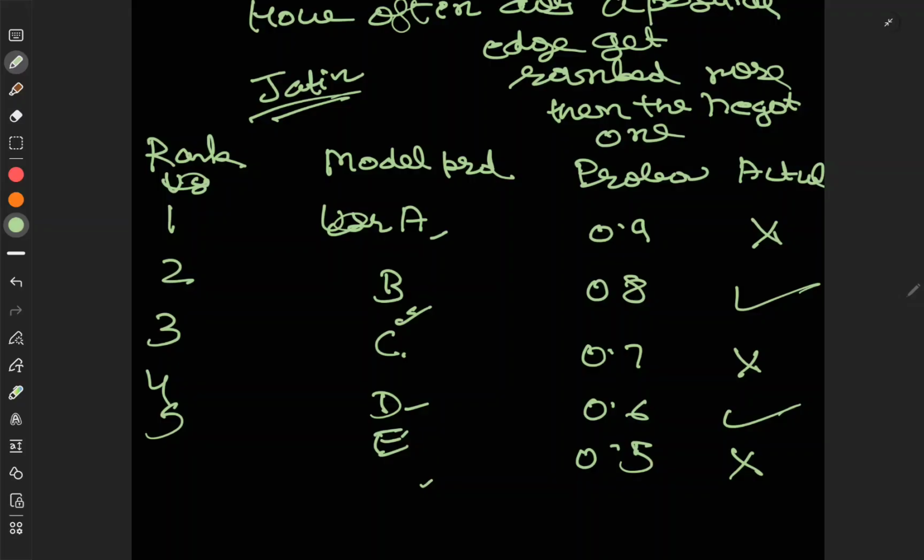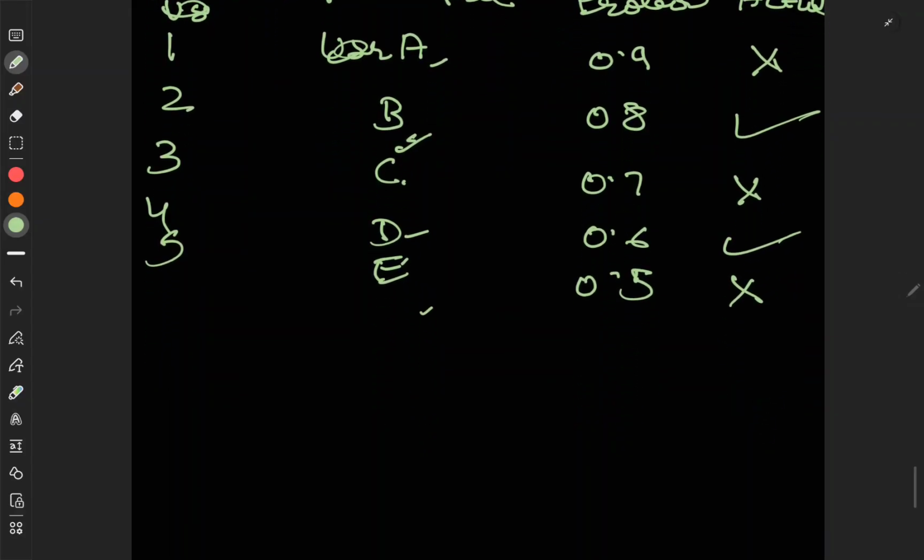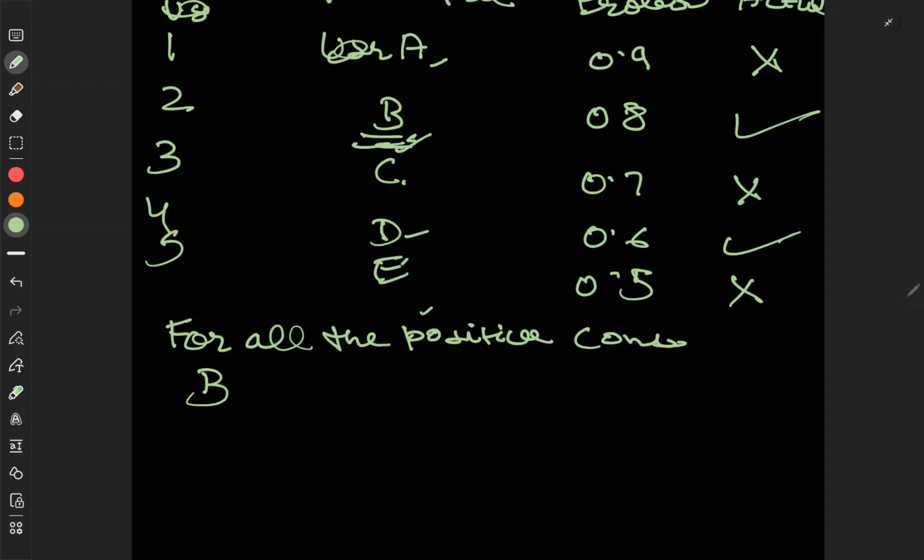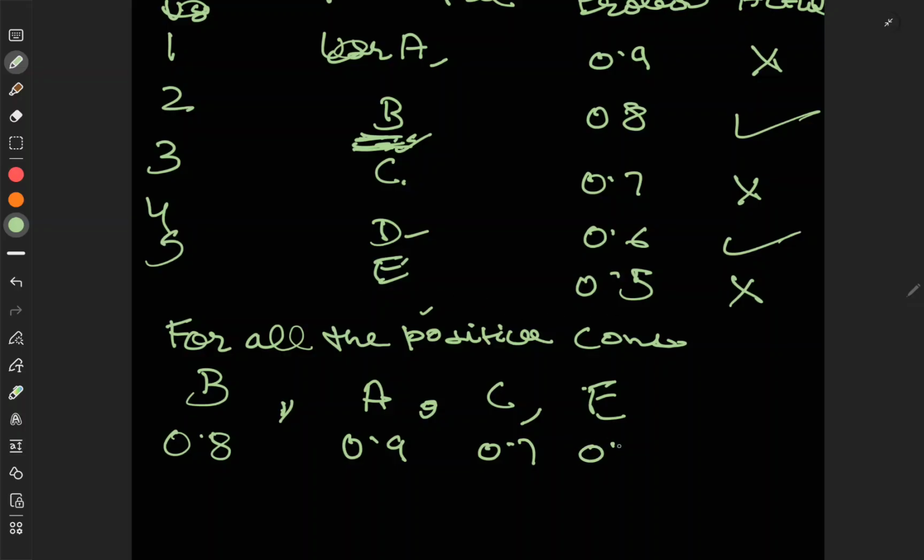Now, how would you calculate the area under the curve? For all the positive connections, take B and compare it with all the negative ones: A, C, and E. B's score is 0.8, A's score is 0.9, C's score is 0.7, E's score is 0.5.